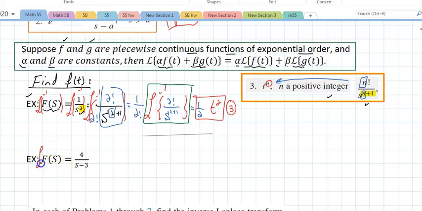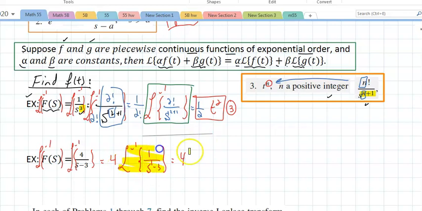If I apply the inverse Laplace transform, that would be 4 times the inverse Laplace transform of 1 over s minus 3, and that's going to be 4 times, and I'm going to go in and copy what I see appropriate.